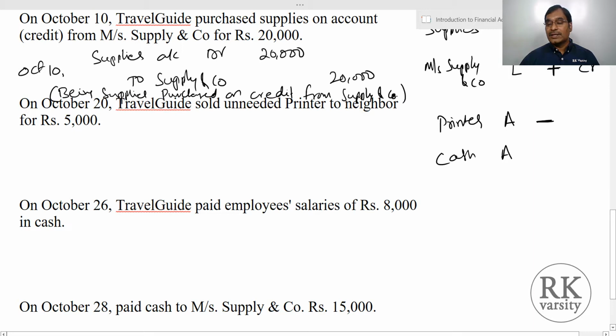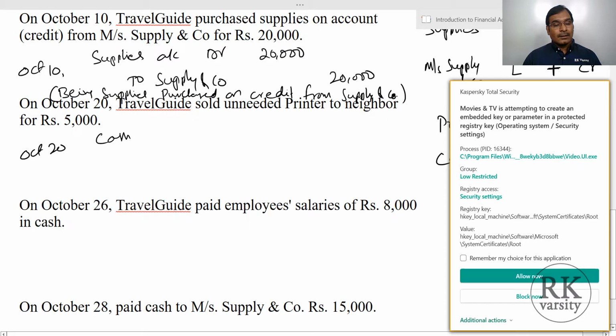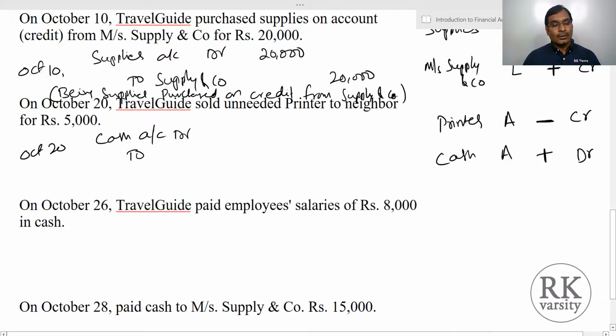And what is happening to the cash? You are receiving cash and there is an increase in cash. So when an asset increases, we debit, and when an asset decreases, we credit. So here you can write the transaction, that is on October 20, cash account debtor to printer, that is asset.